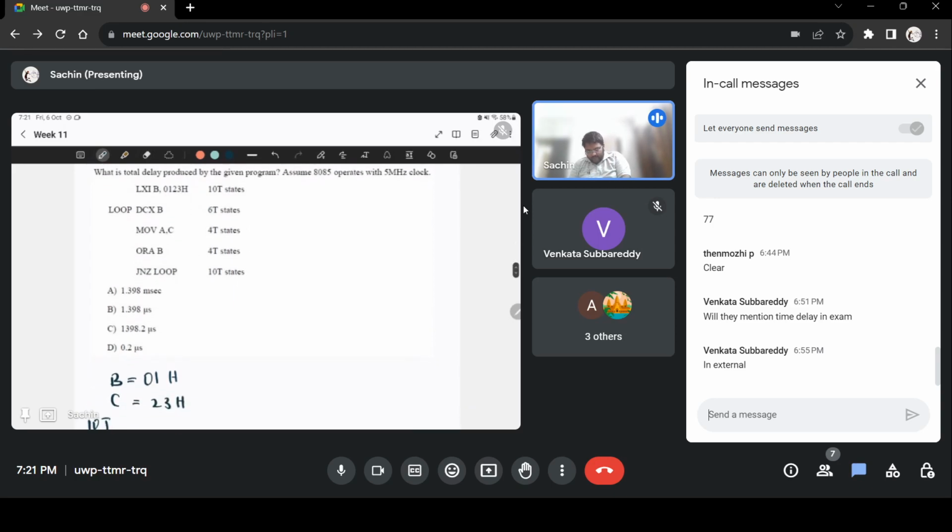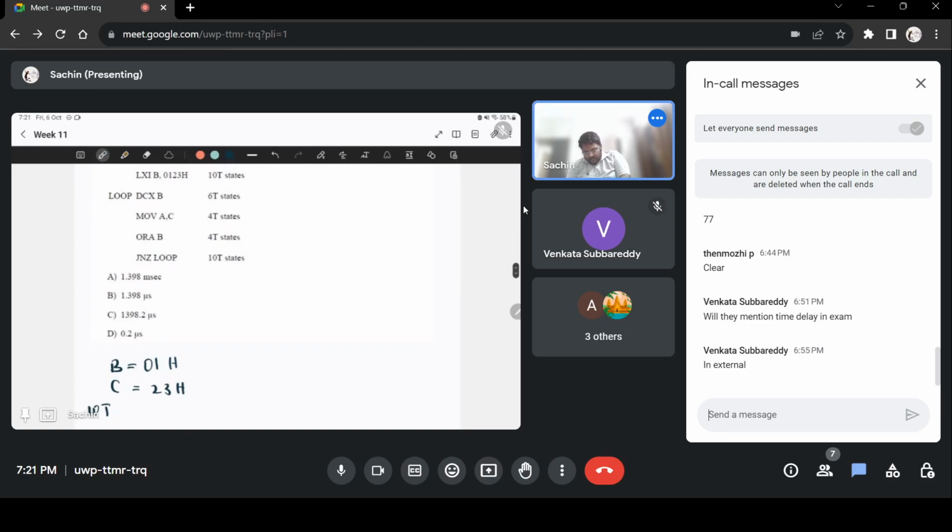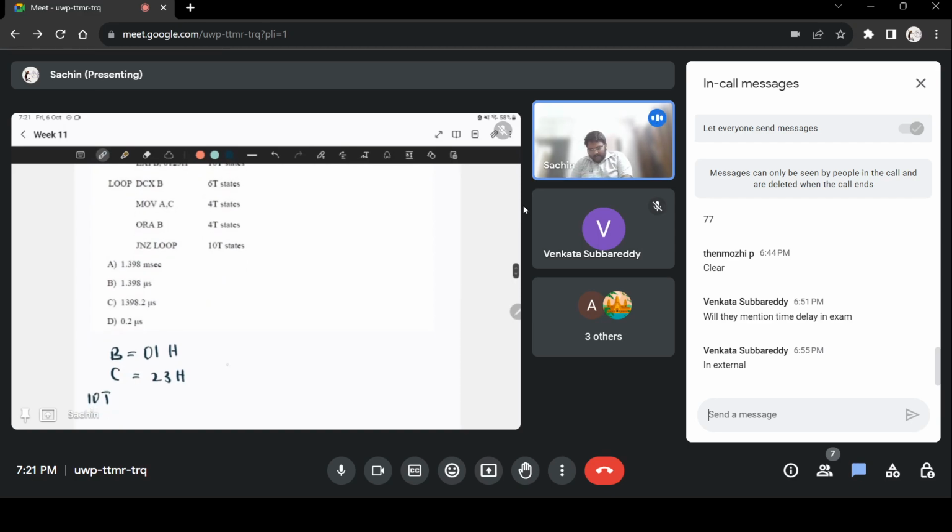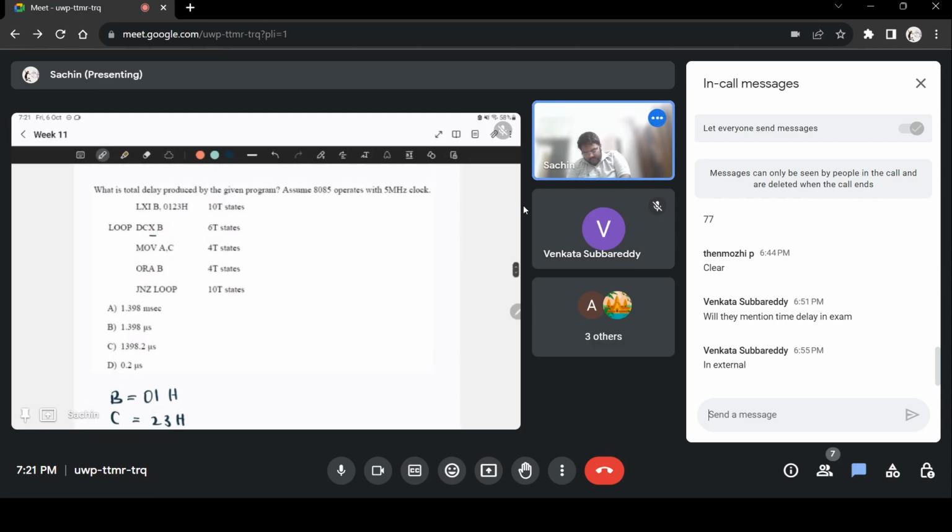And then there's a loop. Inside the loop, what is happening? DCX B. Previously I said that whenever you have X, that means you're doing an extended operation.